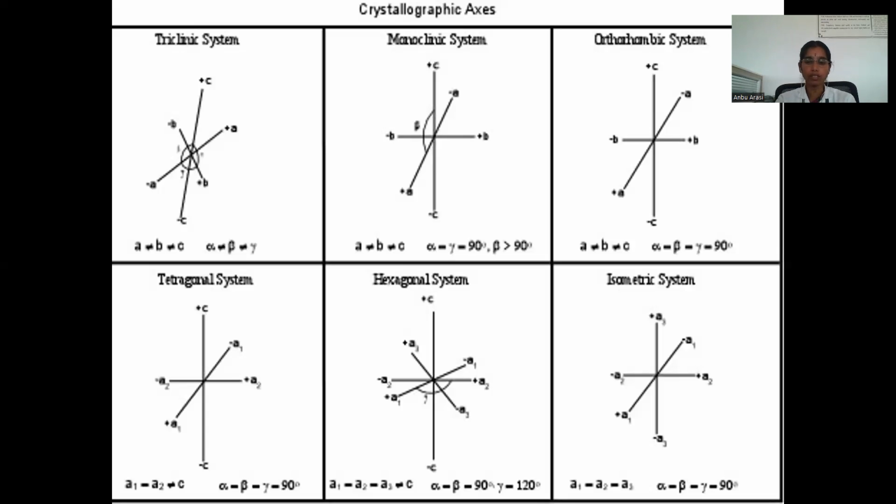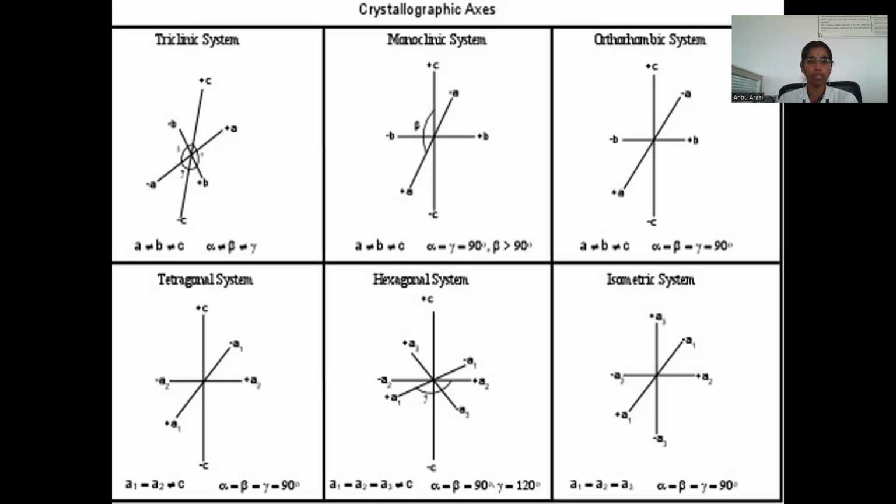A hexagonal system is characterized by 4 crystallographic axes, that is one vertical axis C and 3 horizontal axes, that is A1, A2, A3, in which the vertical axis is unequal and perpendicular to all the horizontal axes, and the 3 horizontal axes are equal and making an angle of 120 degrees.